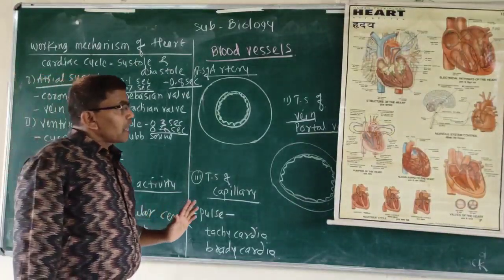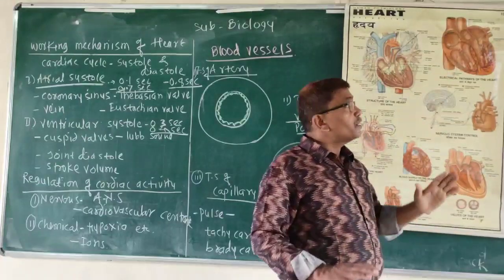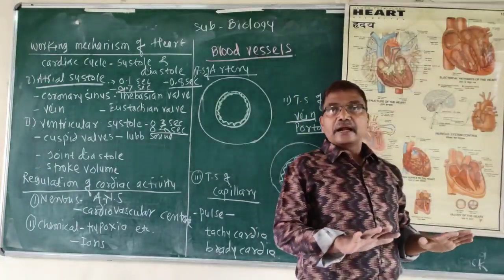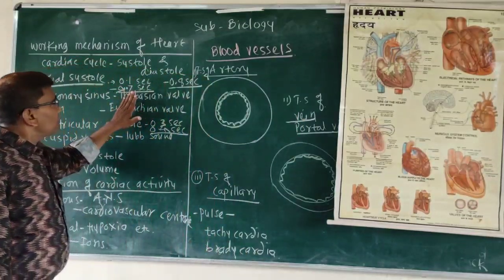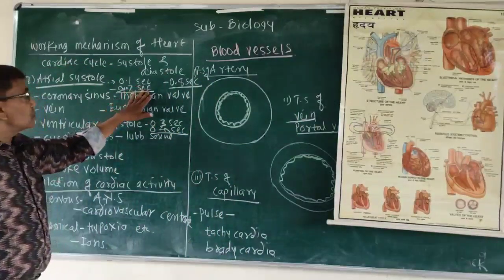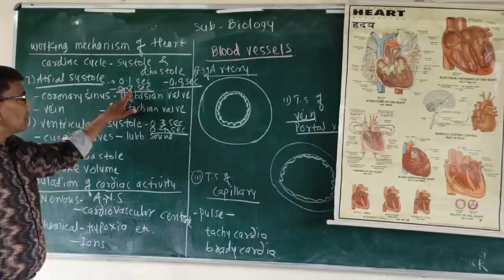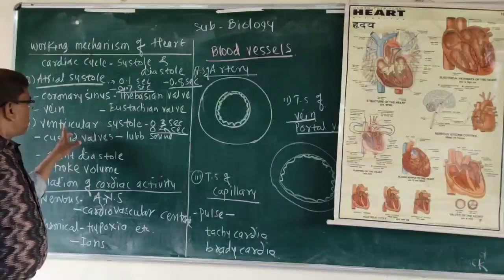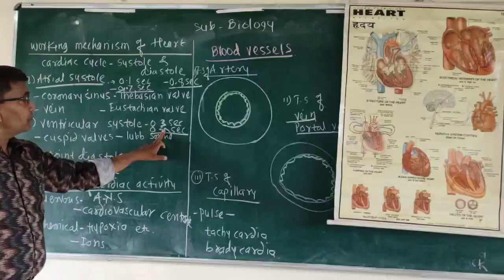There is one phase, that is the relaxation phase. At that phase, both chambers are in relaxation. Here, atrial relaxation or diastole lasts for 0.7 seconds, and ventricular diastole lasts about 0.4 seconds.